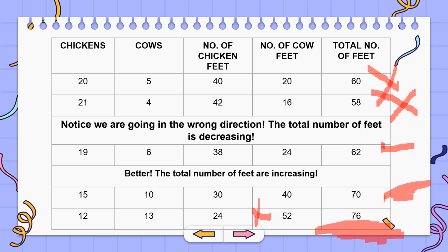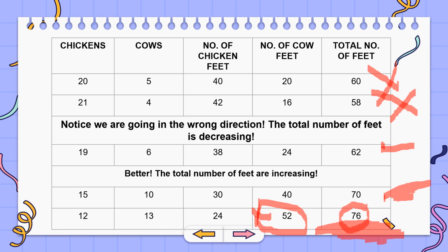Let's try it. 76 minus 24 is 52. Then, 52 is the cows. So, 52 plus 24 equals 76. So, this is now the answer.